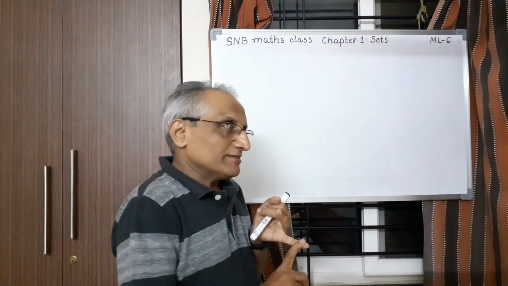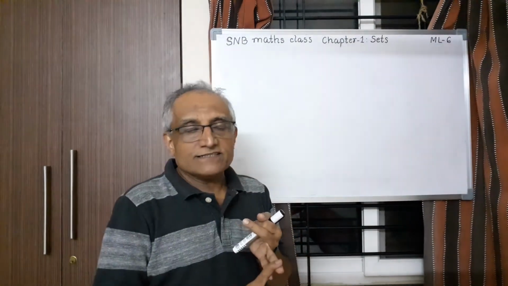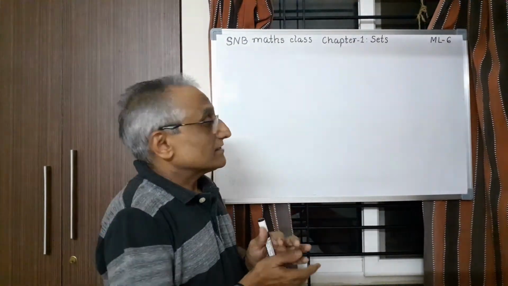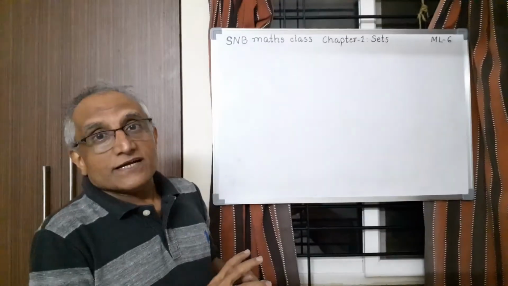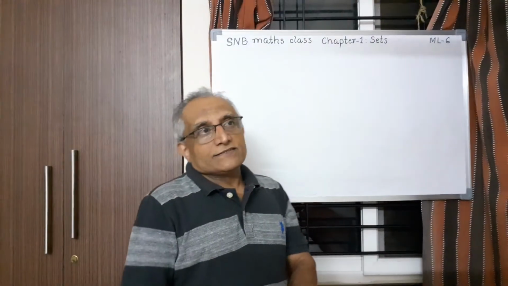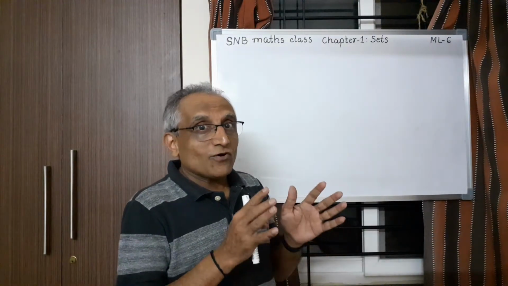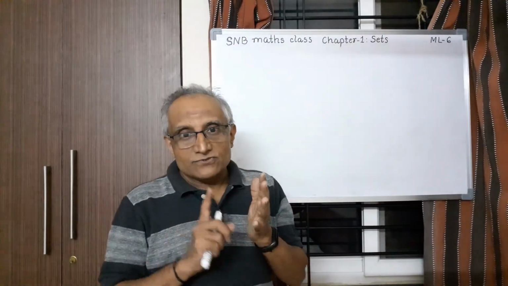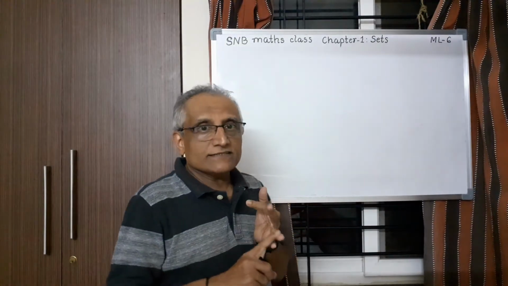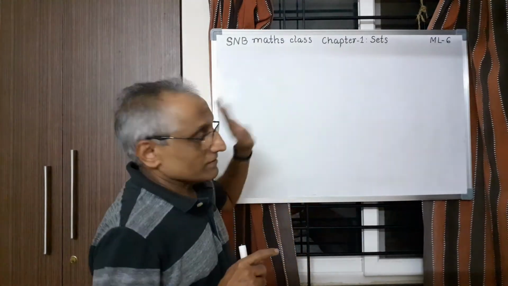We started with the definition of sets, then representation, conventions of sets, then two types of representation, roster and set builder form, and then we studied different types of sets. Then we started operations on sets. So four basic operations: union, intersection, difference and complement.